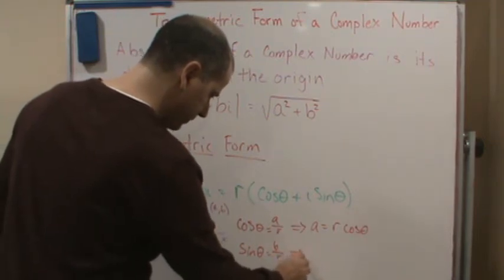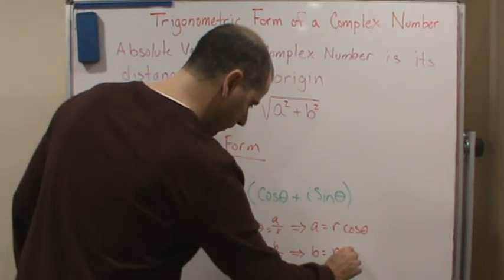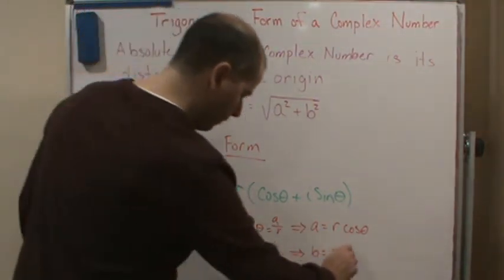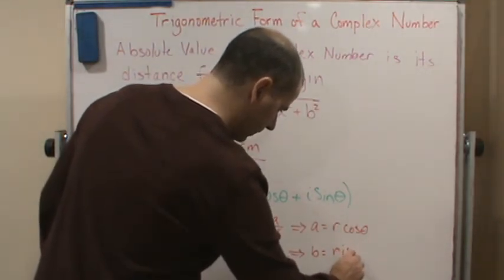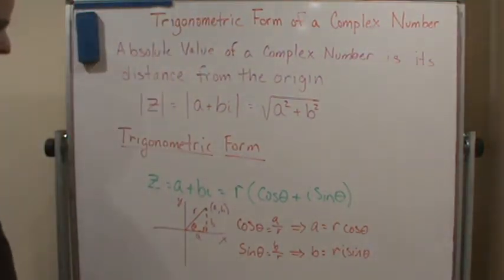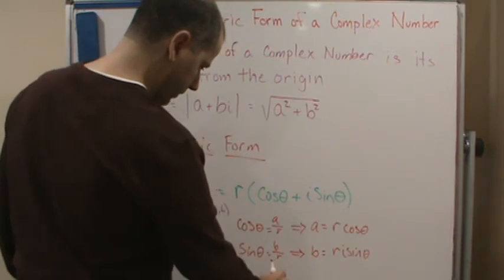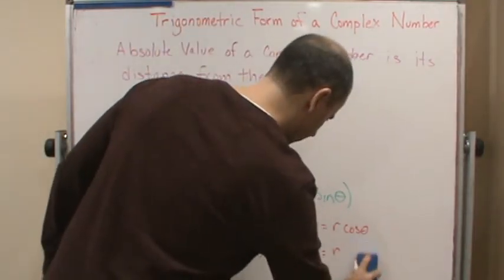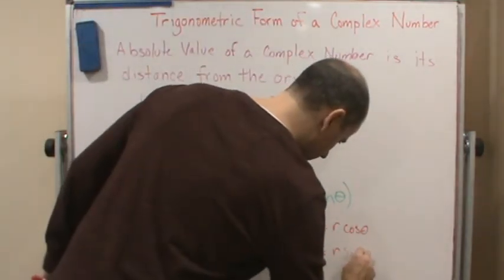And so that gives me that b equals r sine theta. Oh, hold on a second. Let me get rid of the i. I'm getting ahead of myself. b equals r sine theta.